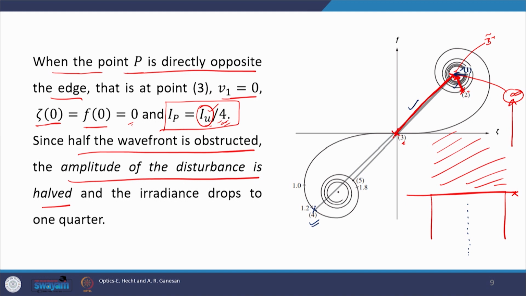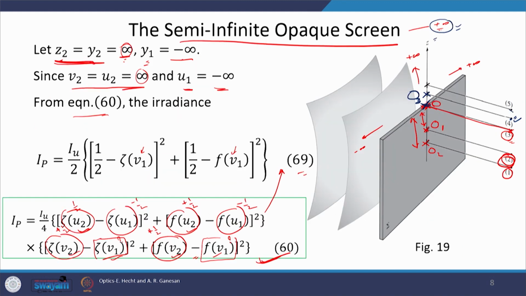Now, from point 4, we draw this vector which extends till point B plus tilde, and this would be the phasor which will represent the resultant irradiance at point of observation 4. Now, if we move a bit more up at point 5, then this would be the position of the new origin, say it is O4.